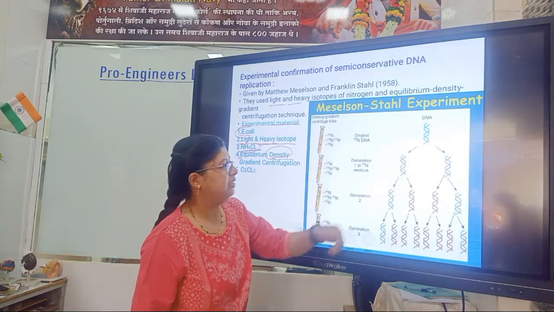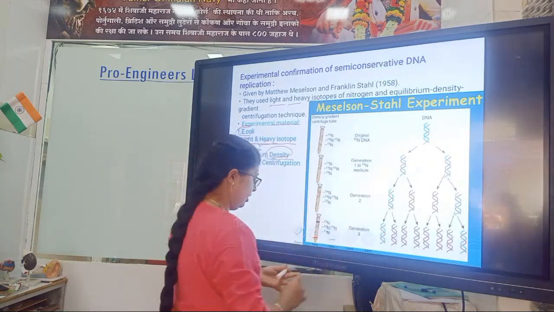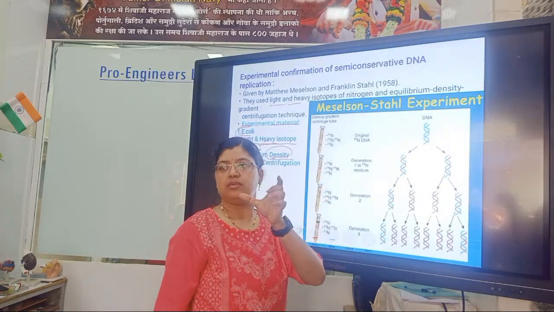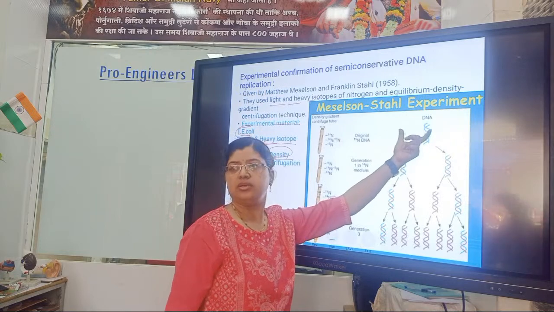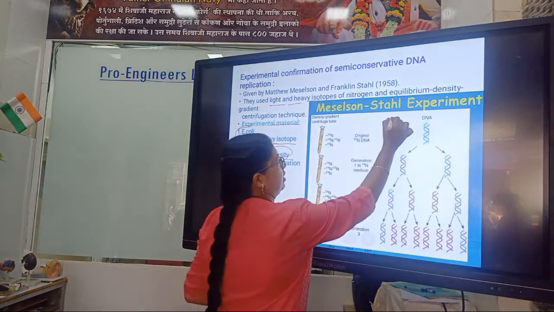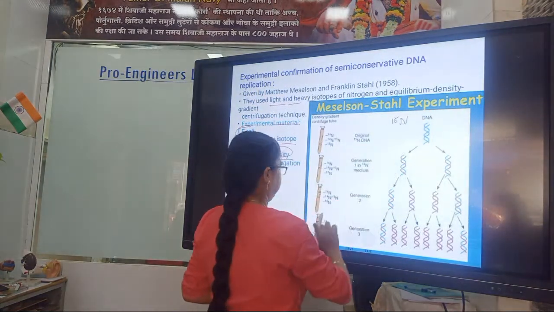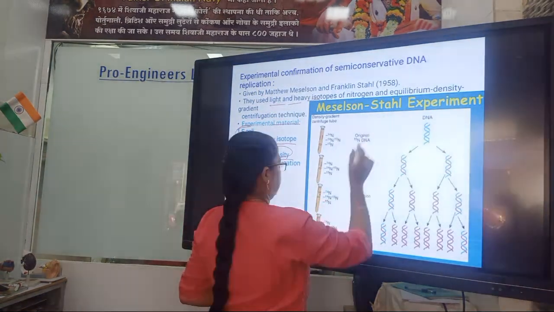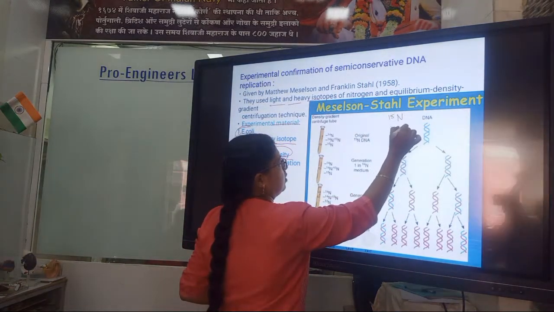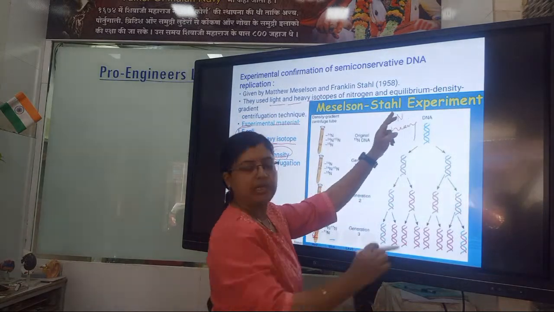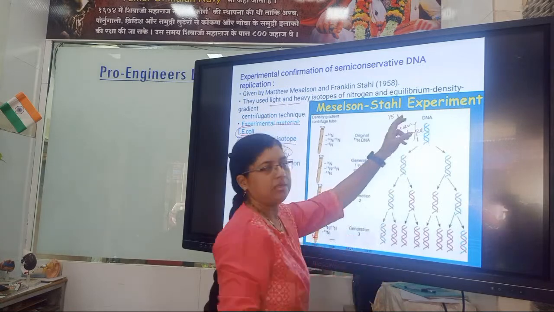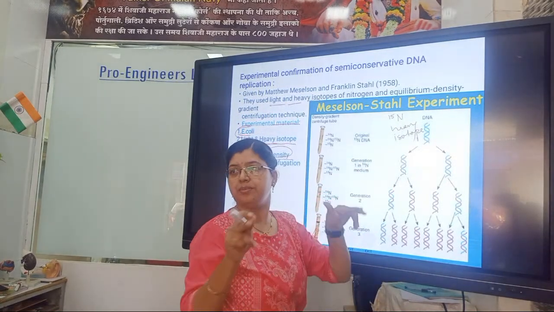Here we see the DNA from the E. coli having 15N isotope, the 15N heavy isotope in their medium, right?